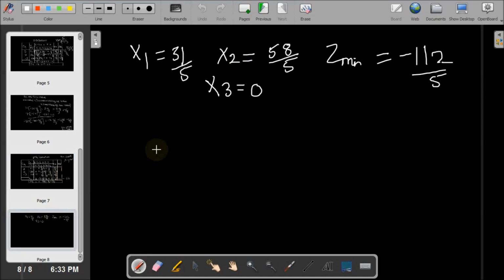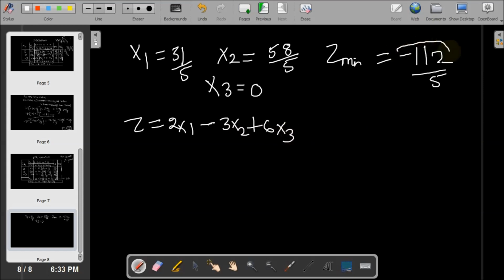Once you substitute in the objective function, what is my objective function here? Z is equal to 2x1 minus 3x2 plus 6x3. So you have to substitute. When you substitute the value, what is the answer you should get? You should get minus 112 by 5.